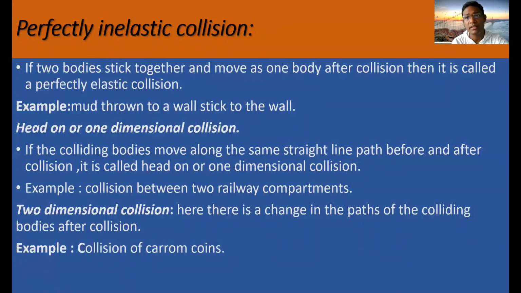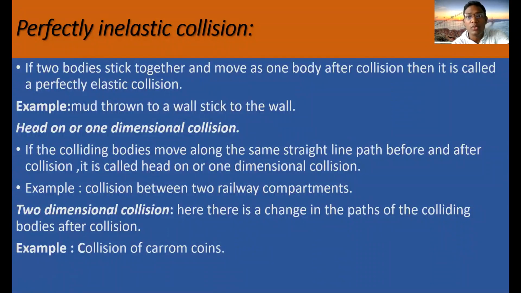So what are the characteristics? In elastic collision, all kinds of conservation laws are valid. Momentum and energy are conserved, kinetic energy is conserved. But in inelastic collision, all are conserved except kinetic energy. Why is it not conserved? Because that kinetic energy is converted to some other kinds of energy. Next comes perfectly inelastic collision.